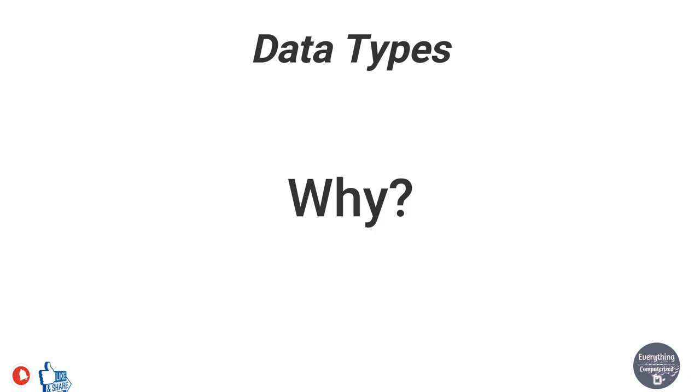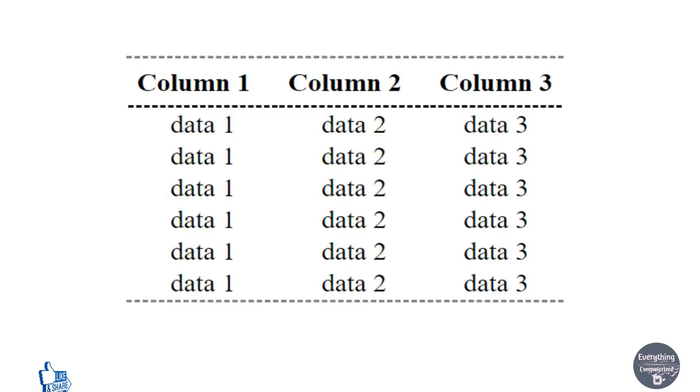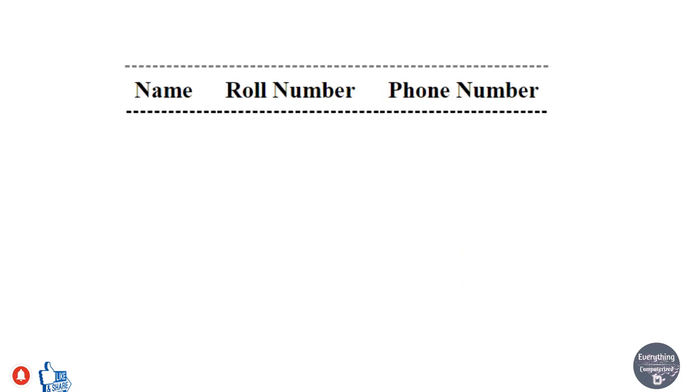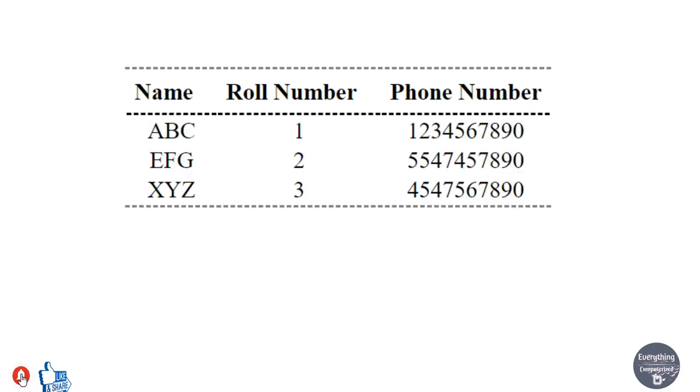But why do we need data types in SQL? We make a table in SQL and insert data into the different columns or fields depending upon the requirement. Suppose we create a table to store the details of a student, and in that we store the name of the students, their roll numbers and the phone numbers. Then we need to specify what kind of information we have to feed into each of the columns. Suppose in the column names we fill the names of the students.